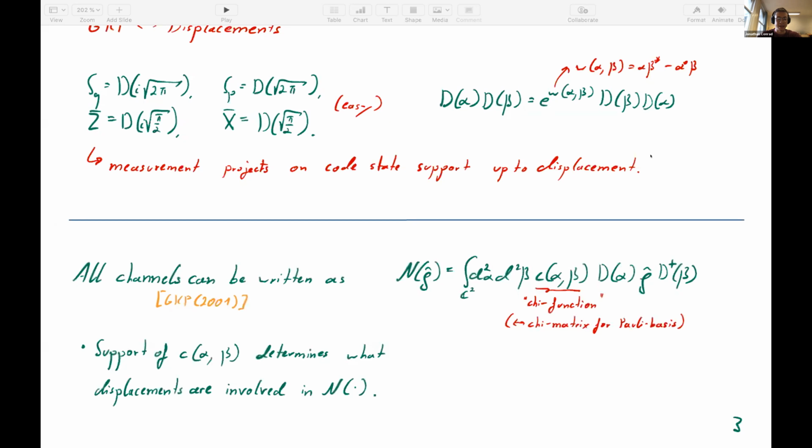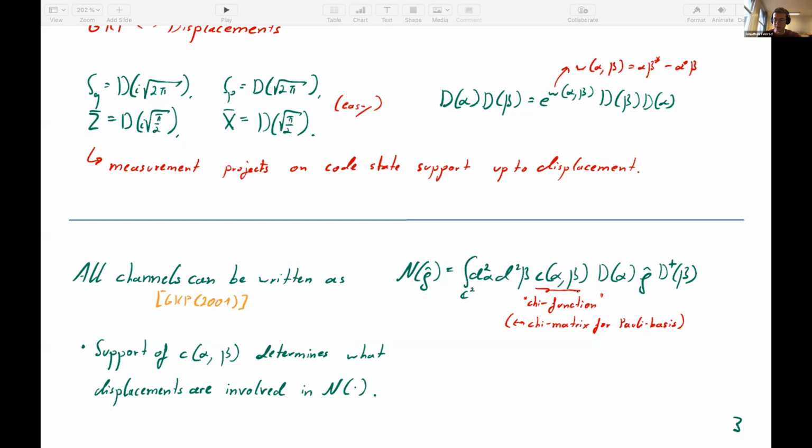And finally, a nice feature of these displacements is that they form a complete operator basis for operators that act on bosonic Hilbert spaces. Due to this, any operator can be written in this form, with some displacement acting to the left, to the right, and some factor putting a weight on these contributions.